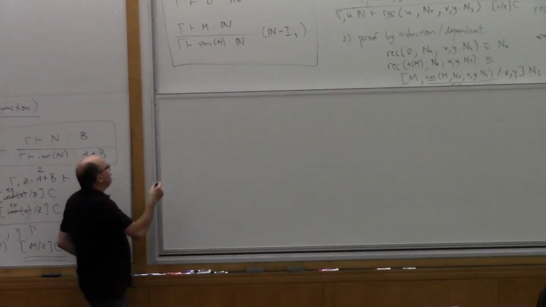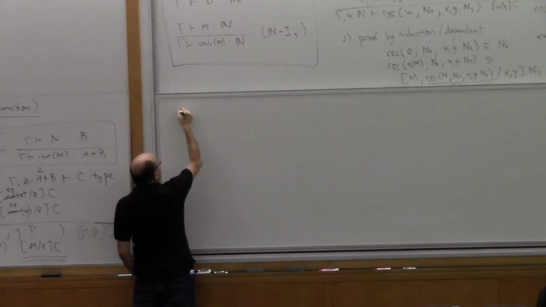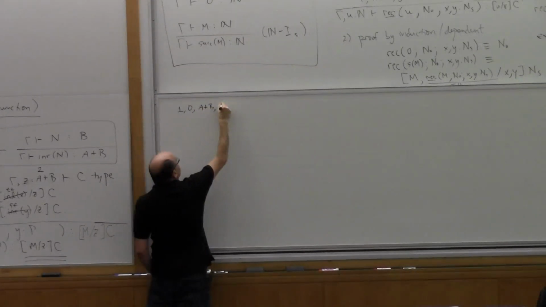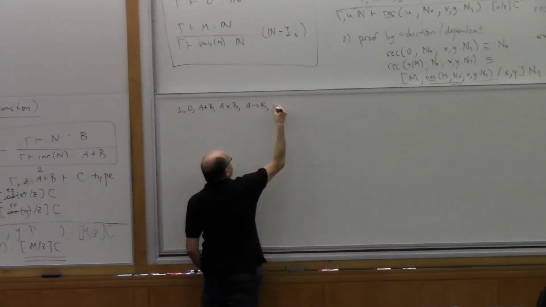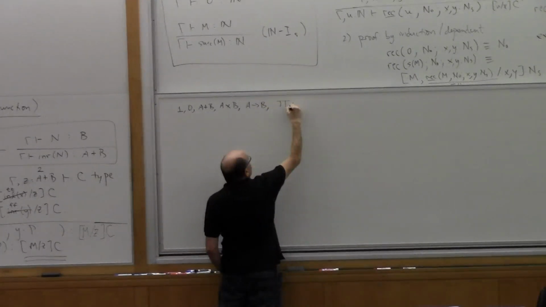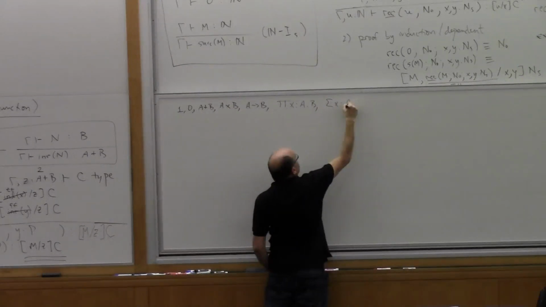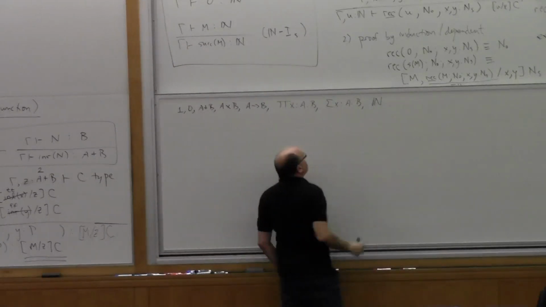Just to remind you, we have all the propositional types. Maybe we have 1, 0, and we have A plus B, A cross B, A arrow B, and then I generalized these things, and I have pi x in A, B, and sigma x in A, B, and I put in nat for discussion.